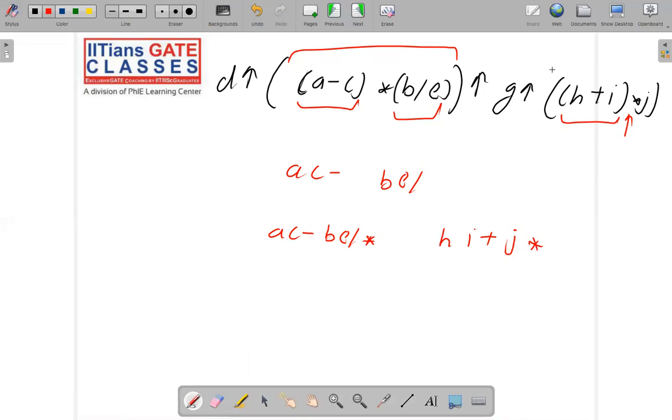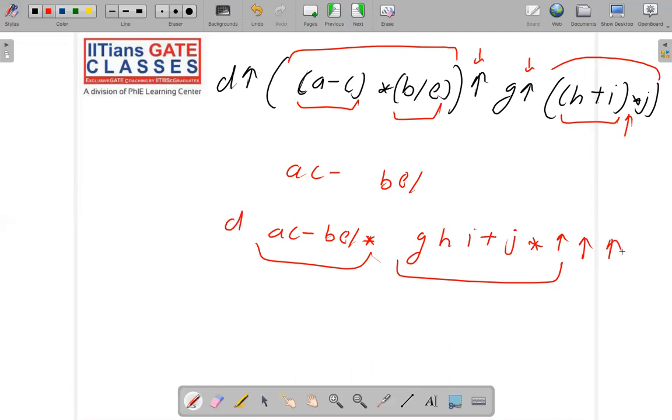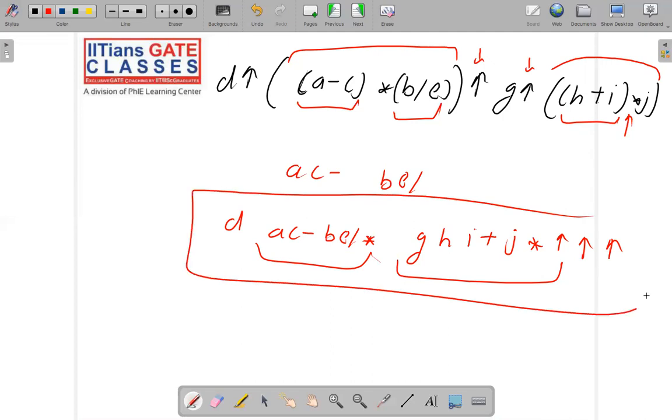Okay. So this whole thing is done. Now the next is G power. Then the next operation, this is X here, this is Y here, power we can write. Operands are already done. Then D and power. So this is the postfix expression of this infix.